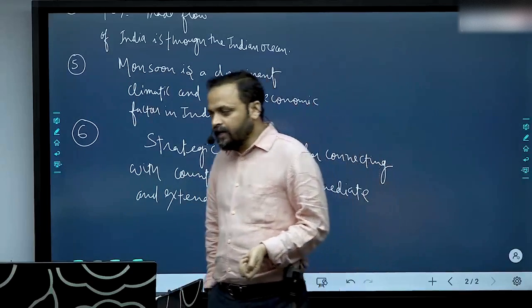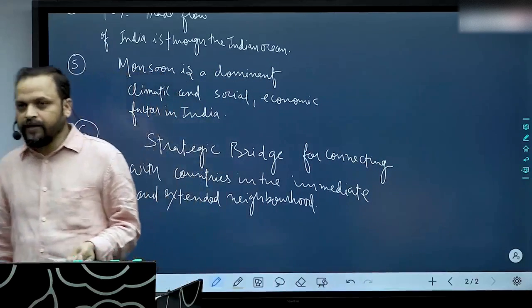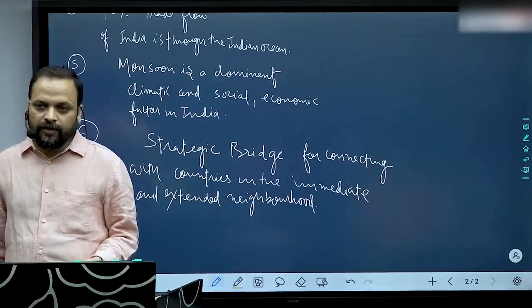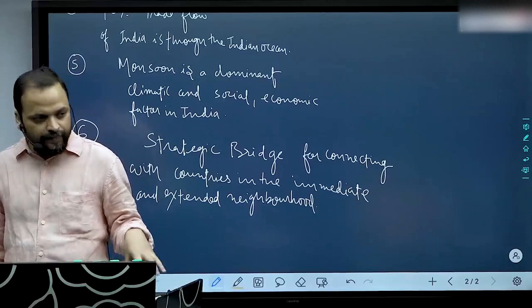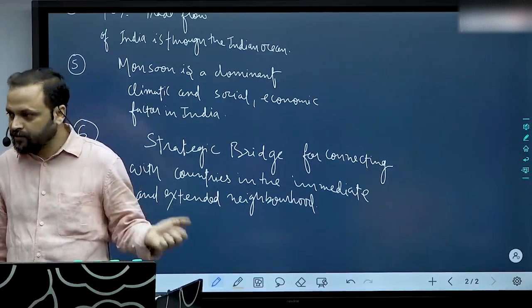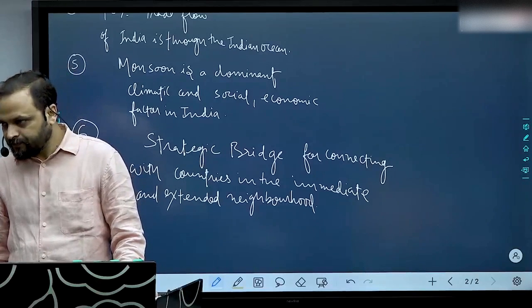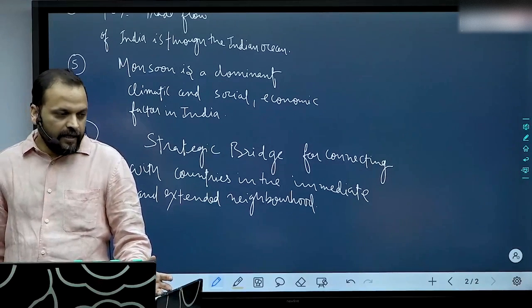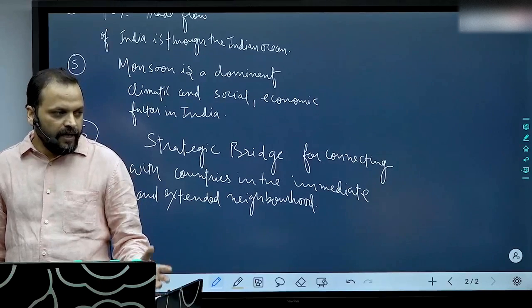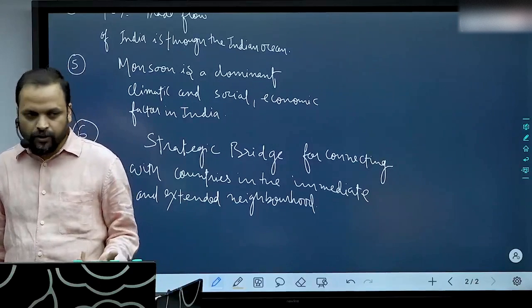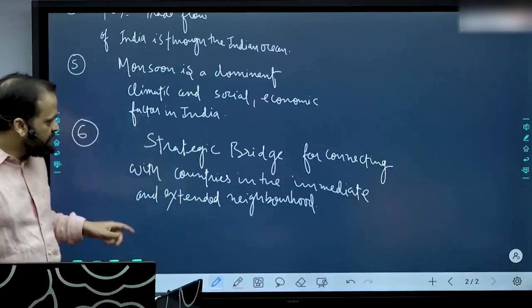A growing country like India would, for the foreseeable future, be an importer of energy resources, and these energy resources would be traveling through the Indian Ocean region. So energy. And then you may add other social, historical, and climatic factors.